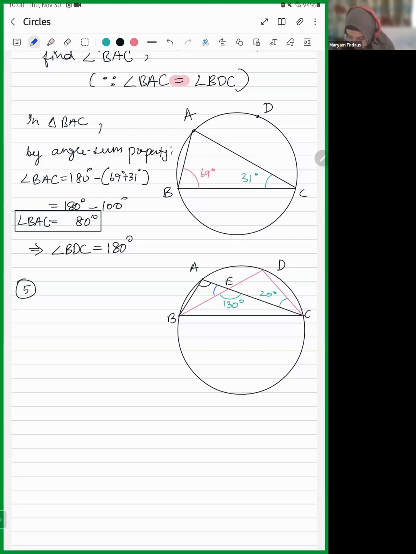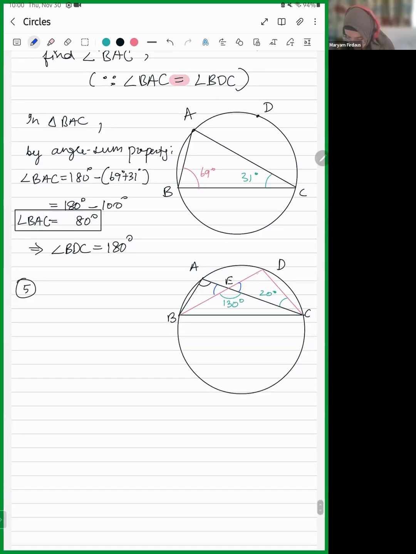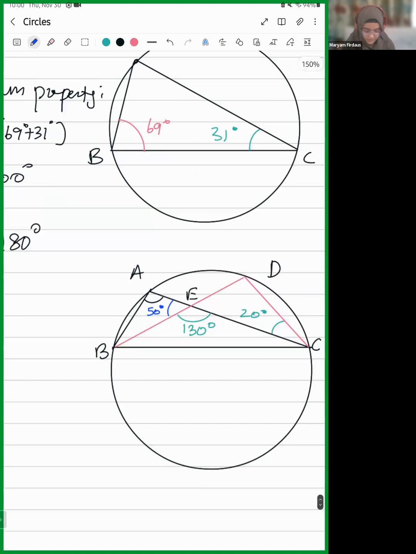And similarly, this one is also going to be 50 degrees. Why? Can someone tell me why? Why will this be 50 degrees? Come on, this is very basic stuff. I want at least one person to answer. Why is it going to be 50 degrees? This one.